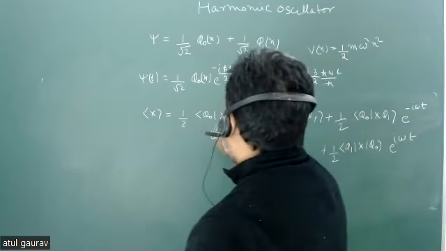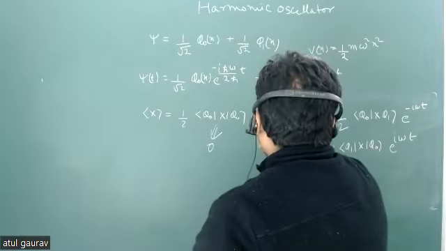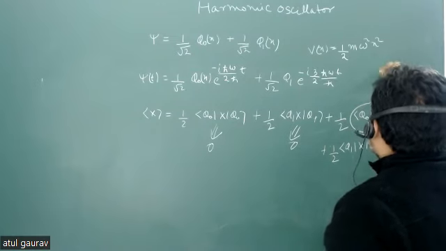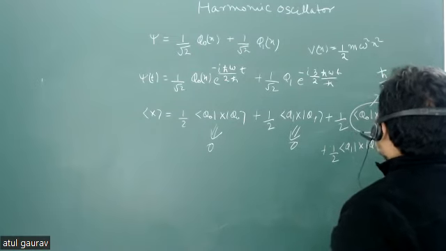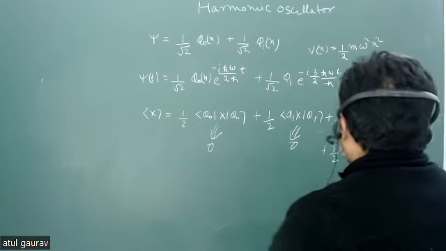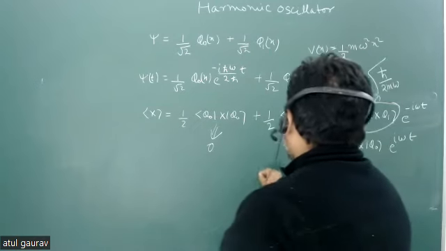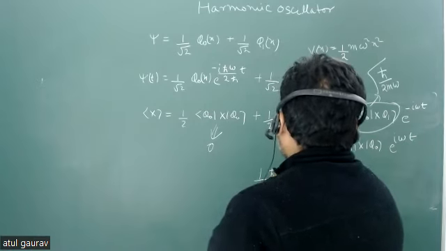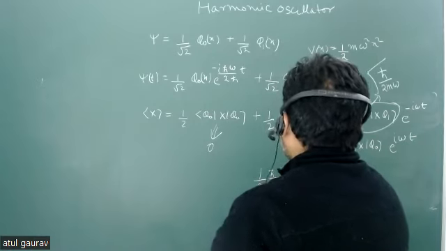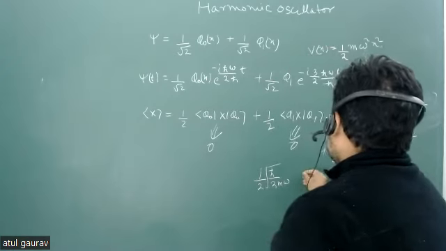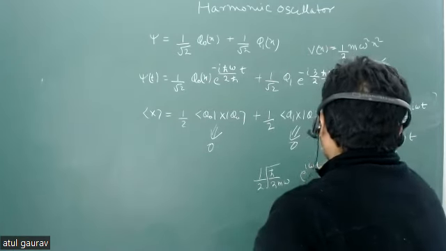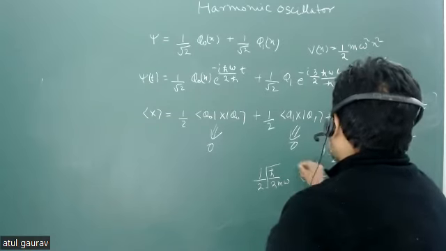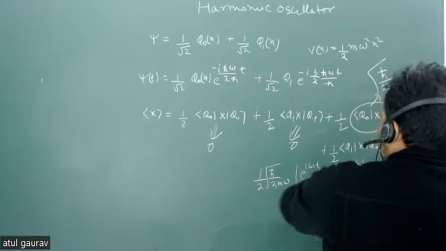Now we have already calculated this one is 0. We have already calculated this one is 0. We have already calculated this number is nothing but h cut upon 2m omega root under. So you can take half h cut upon 2m omega root under, and you have e to the power i omega t plus e to the power minus i omega t, and this half will go for this.